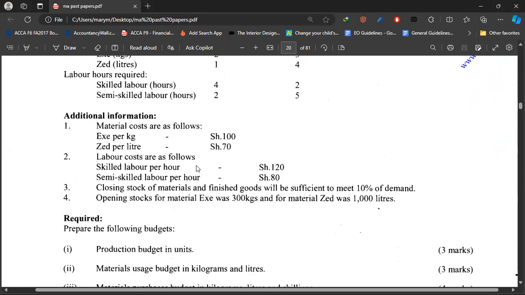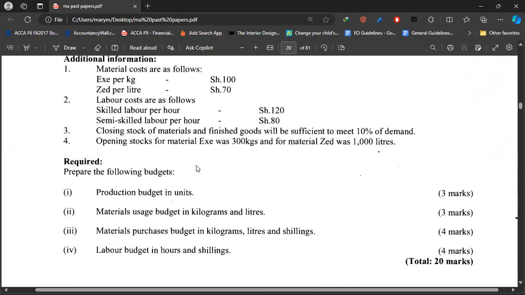The material costs are as follows: X per kg is 100 shillings, Z per liter is 70. The labor costs are as follows: skilled labor per hour is 120, semi-skilled labor per hour is 80. The closing stock of material and finished goods will be sufficient to meet 10% of demand. The opening stock for material X was 3,000 kgs, and for material Z was 1,000 liters.